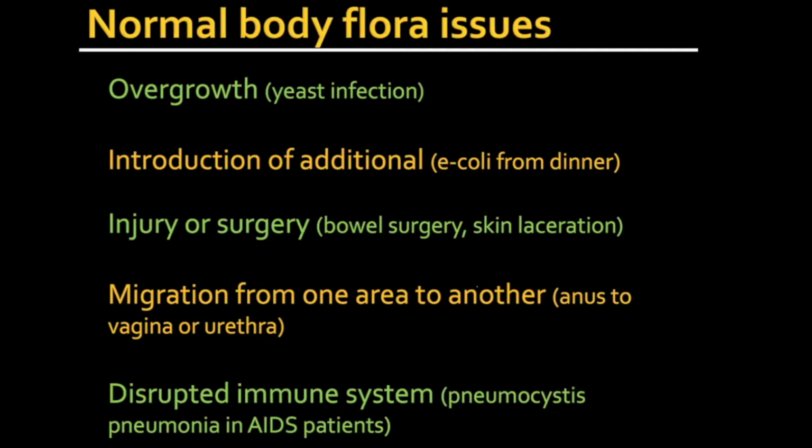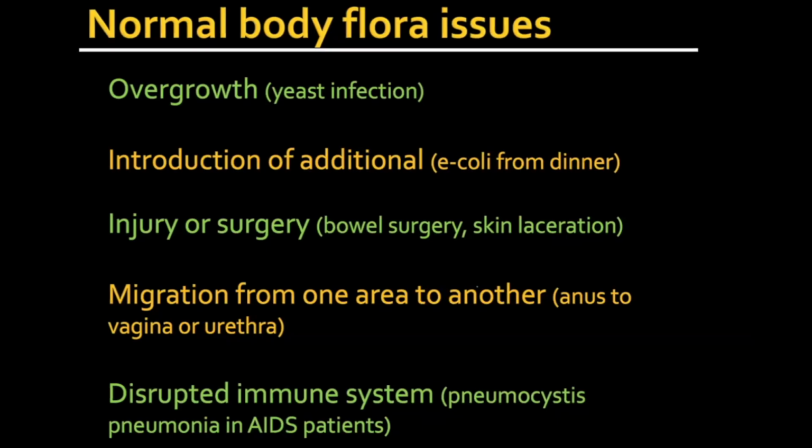Bowel surgery is a real issue. I knew a couple of people that had that weight loss surgery where they take out feet of your intestine. If you have any leakage out of that intestine into your abdominal cavity, you're going to end up with a nasty bacterial infection that could kill you. And simply a skin laceration can do the same thing. Heart surgery is another problem where bacteria can get introduced.